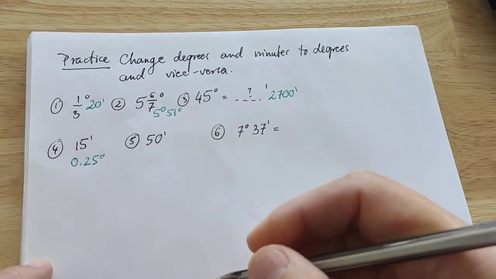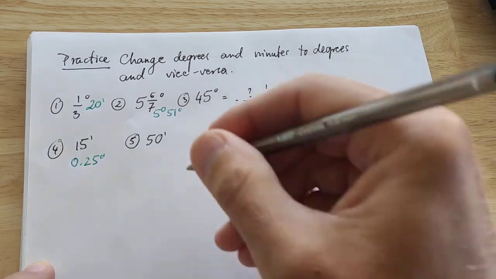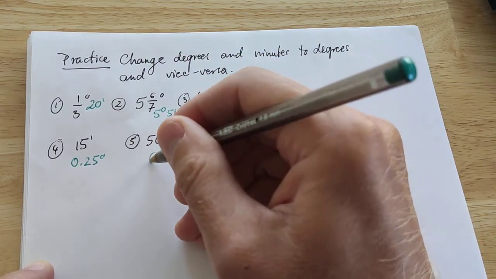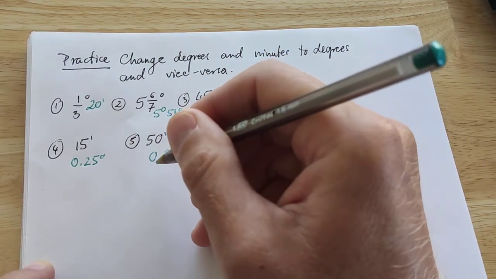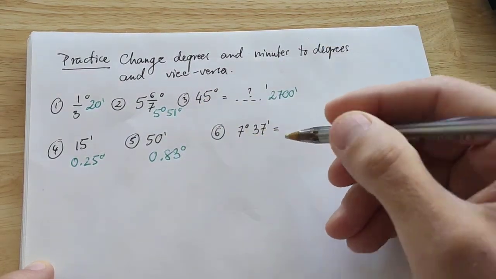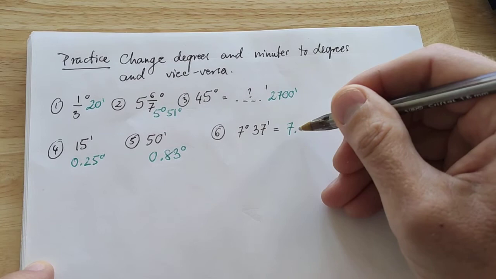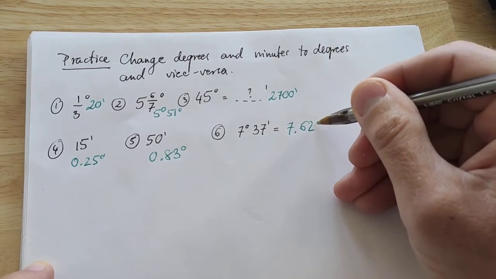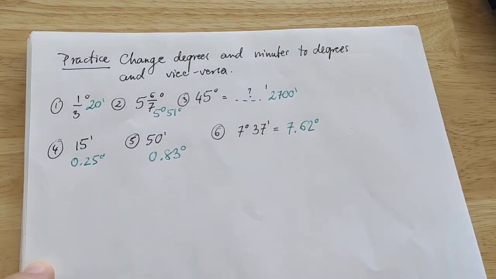You know that. 50 minutes is 0.83 of a degree, and this one is 7.62 of a degree. Okay.